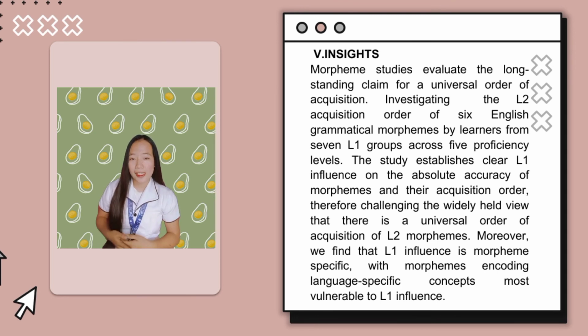The study establishes clear first language influence on the absolute accuracy of morphemes and their acquisition order, therefore challenging the widely held view that there is a universal order of acquisition of second language morphemes. Moreover, we find that the first language influence is morpheme-specific, with morphemes encoding language-specific concepts most vulnerable to first language influence.